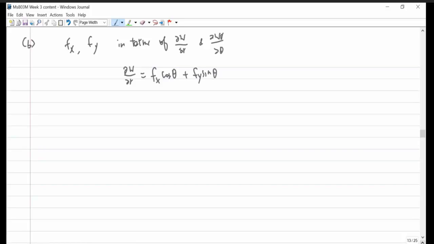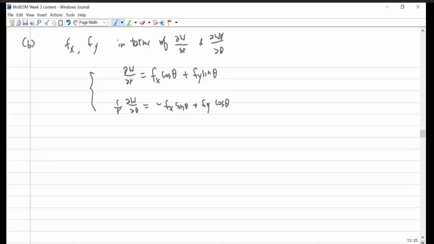And then we have another equation: 1 over r dw/d theta is actually minus fx sine theta plus fy cosine theta. Solve these equations. This is a simultaneous equation.